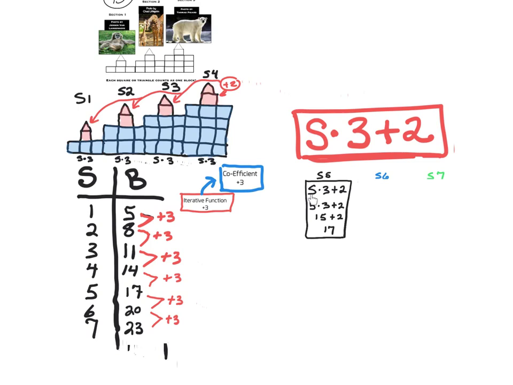So the first thing I did was write the formula S times 3 plus 2. Then I plugged in section number 5 for S, right? And 5 times 3 plus 2. Coming down, order of operation tells me I do the multiplication first. So 15 plus 2. And then 15 plus 2 is 17. And if you look over here, for section 5, it does require 17 blocks.